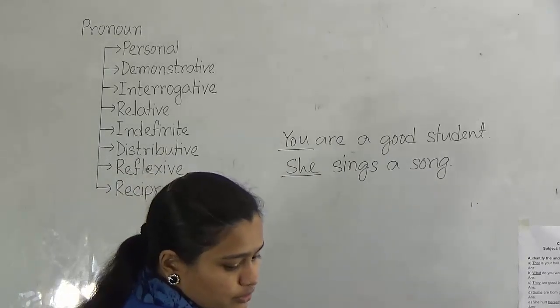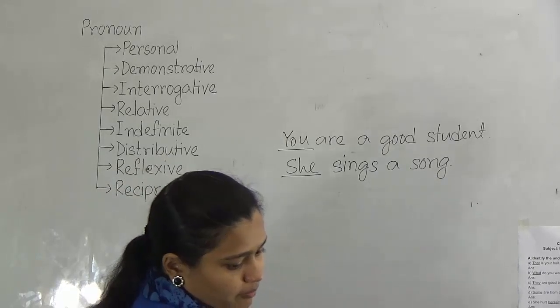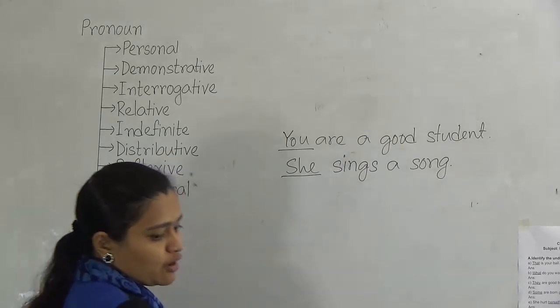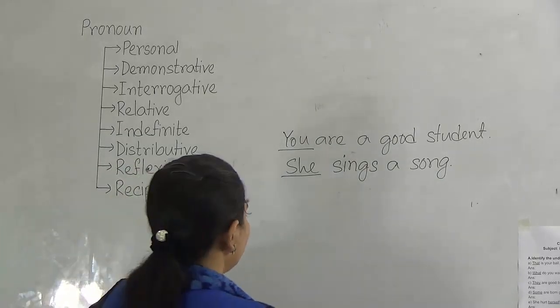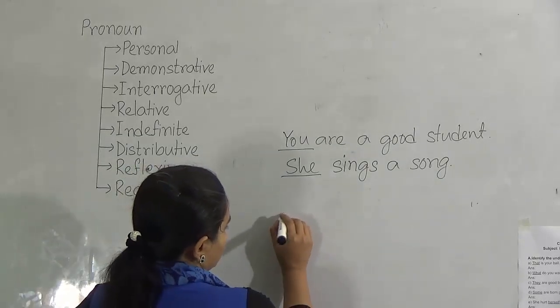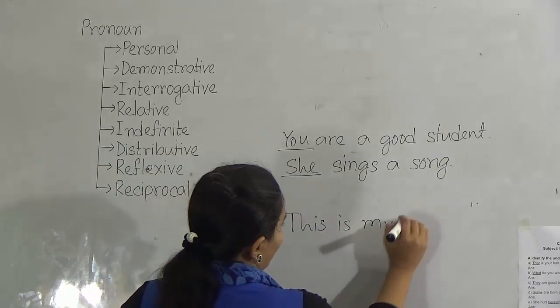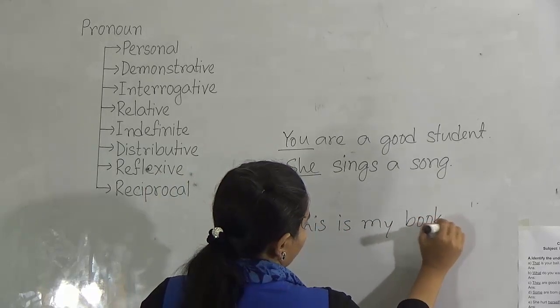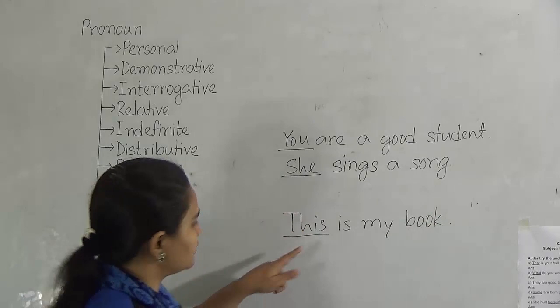Now we will go to demonstrative pronoun. So what are demonstrative pronouns, do you know? If you want to point out people or things, that means they stand for them. Here is an example. Now look, this is my book. I underlined here this.